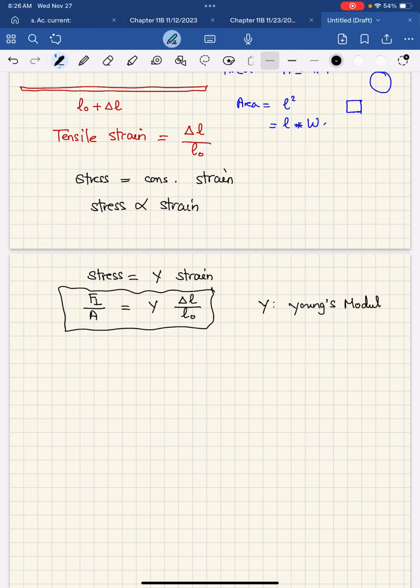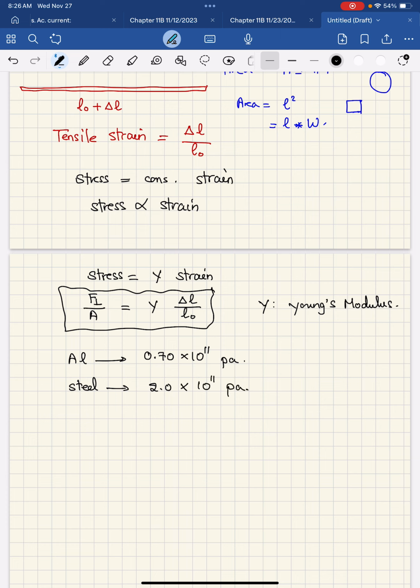In your textbook, you're going to find that these values are listed for different materials. For example, for aluminum, Young's modulus is 0.7 times 10 to the 11 pascals. And if we move on to steel, you're going to find the difference between the two is 10 to the 11.